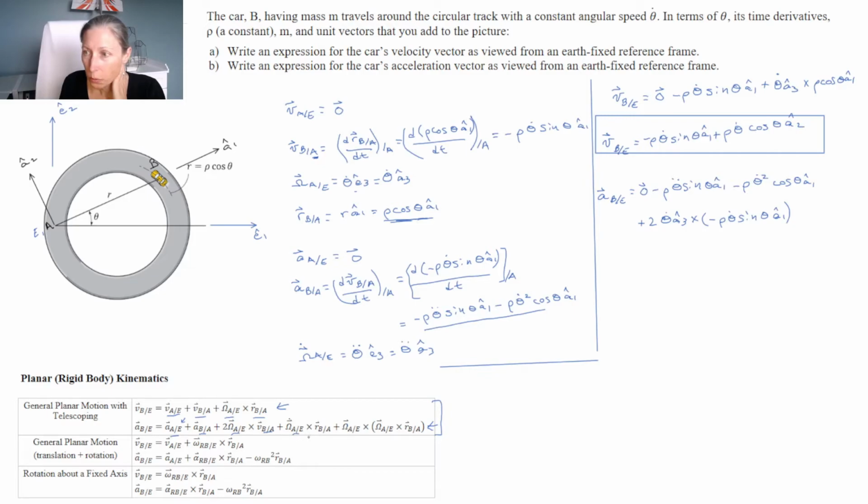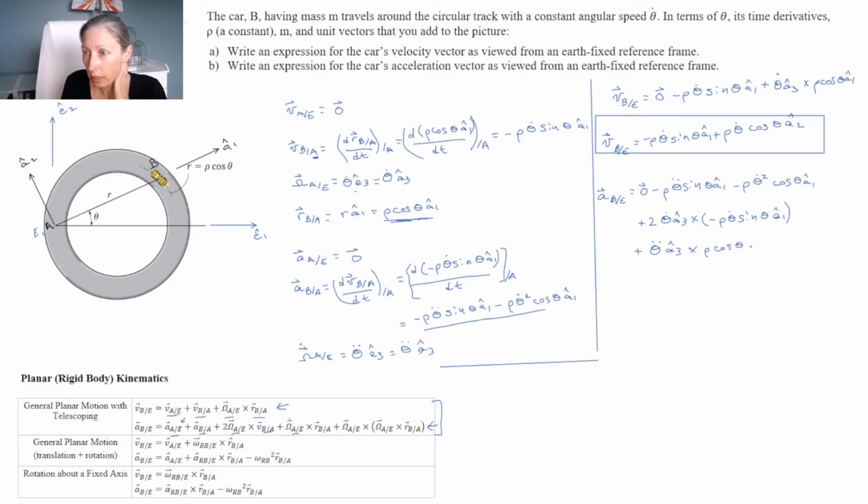And then plus omega dot, so this is going to be theta double dot A3 cross the position of B with respect to A, which is rho cosine theta A1.